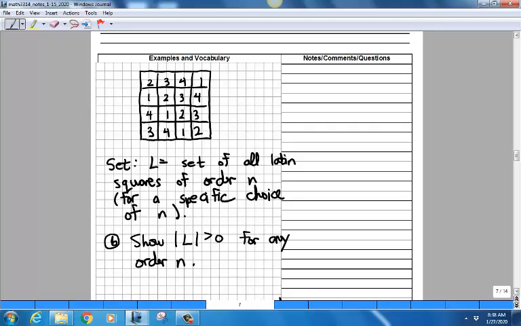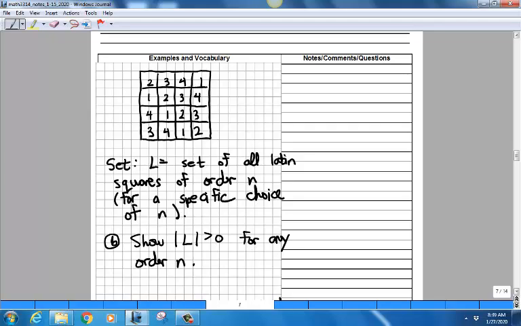If you have the first row and the first column in numerical order, left to right and top to bottom, then that is said to be in reduced form. So this is not in reduced form, because the first row is not in correct numerical order, and neither is the first column.